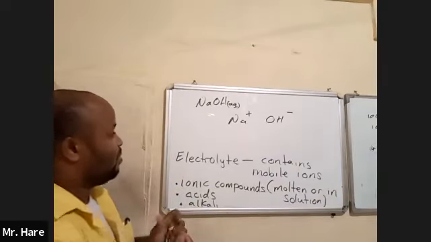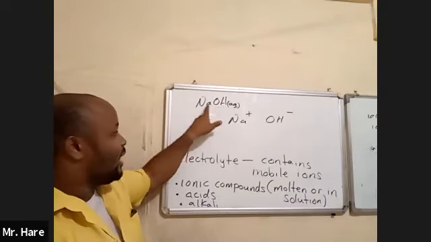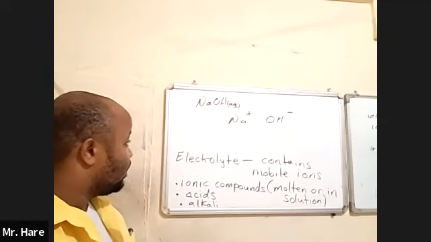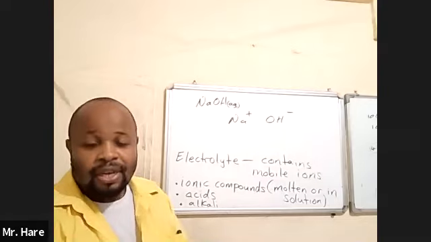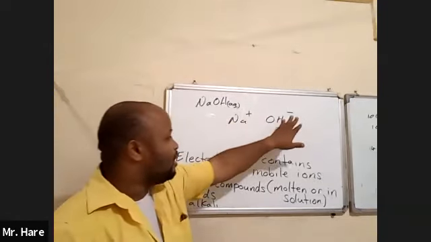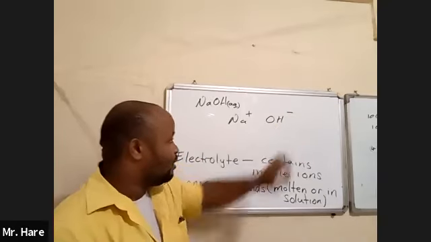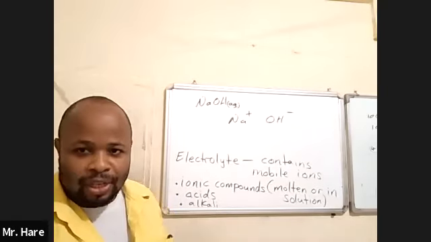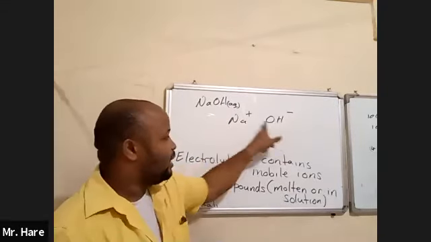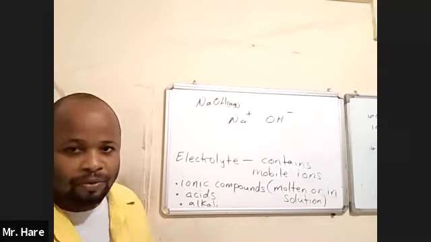So even though we write it as NaOH aqueous, what it really means, because when you dissolve something they break up, is that the sodium ion is separated from the hydroxide ion. And so now your electrolyte has positive ions and negative ions that are free to move.